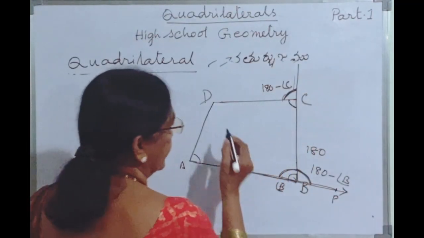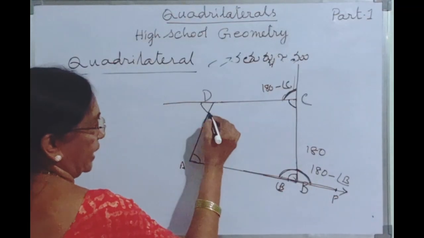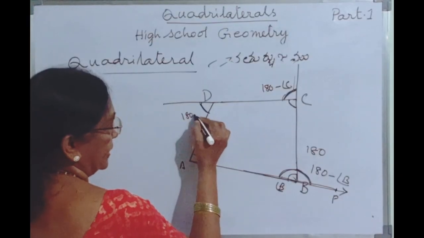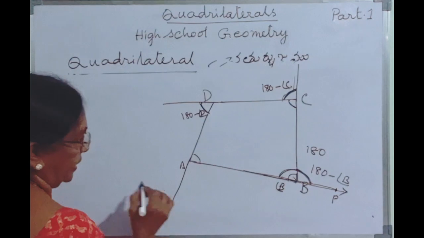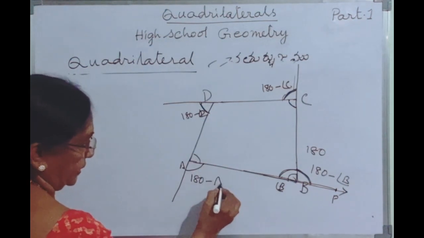Extending side CD, this exterior angle is equal to 180 minus angle D. And extending this, the exterior angle is equal to 180 minus A.